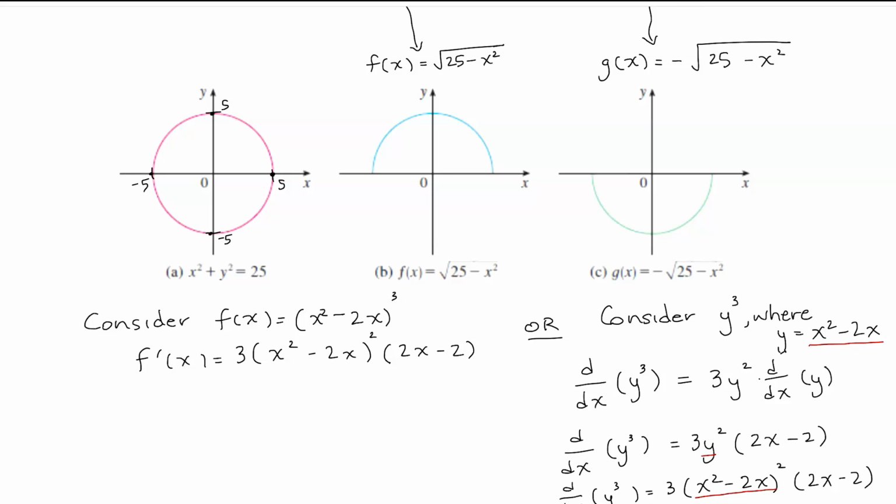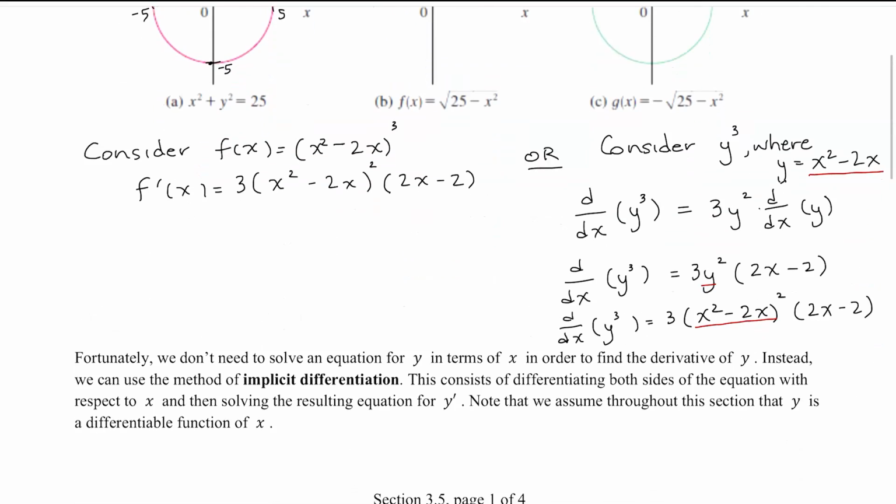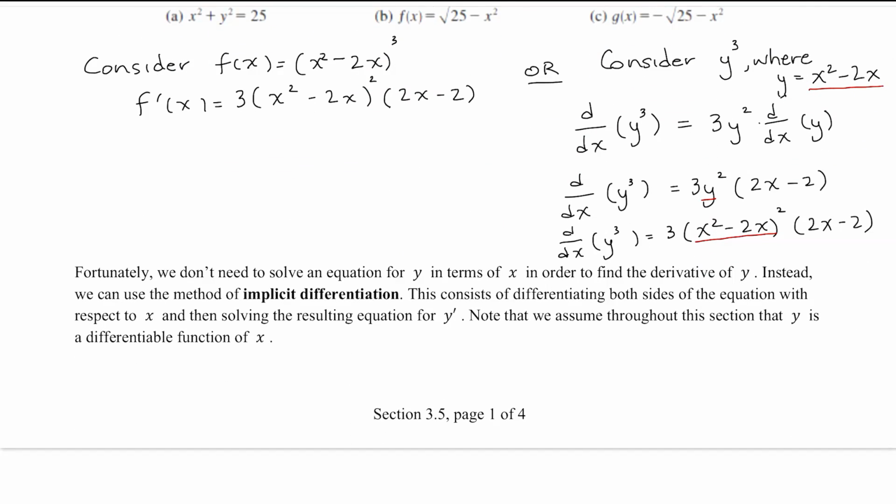The bit I just went through on the right side of the page, that's kind of what implicit differentiation is like. The only thing is that most of the time we don't have y solved as a function of x like we did here, that allows us to get the derivative completely in terms of x's.